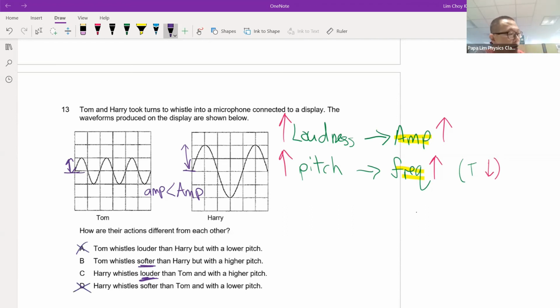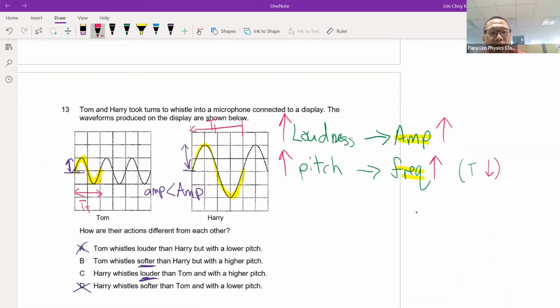Then after that, we look at the other aspect of the wave itself, the frequency of the wave. The period of the wave for one cycle for Tom is actually 2 squares. It spans across 2 squares. The period of Tom is here. So I'll say T for Tom, the period of Tom. And likewise for Harry, one wave spans across 4 squares, so definitely the period is here.